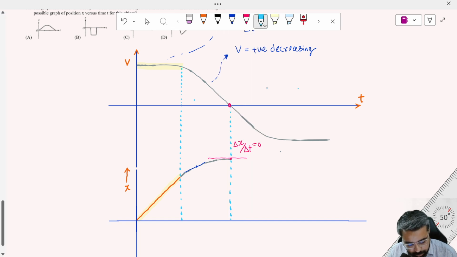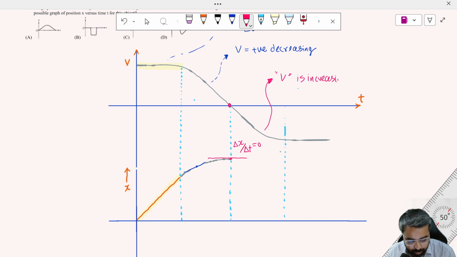Now let's talk about the third portion of the graph. Now you can easily understand what I'm talking about. I'm talking about this part of the graph, which shows us that velocity is increasing. But how is it increasing?